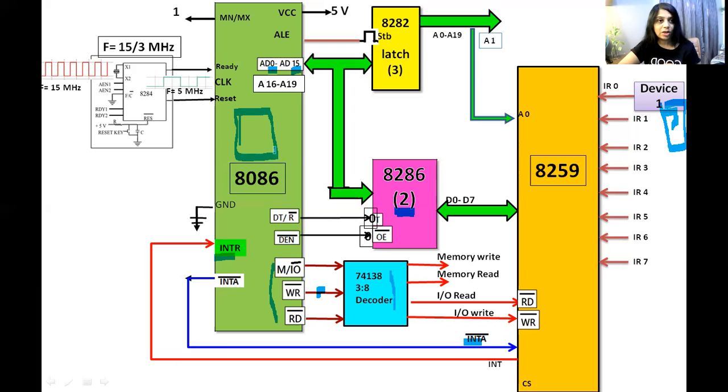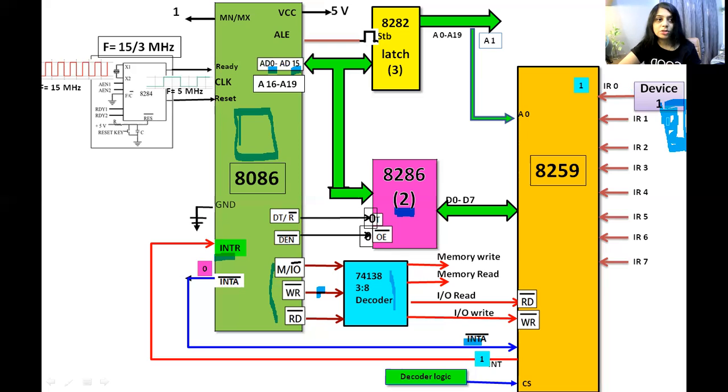So device 1 will send the request for execution of this program to this 8259 first by sending logic 1 on the IR0 pin of 8259. When 8259 receives logic 1 on this, it understands that device 1 wants the execution of this program.